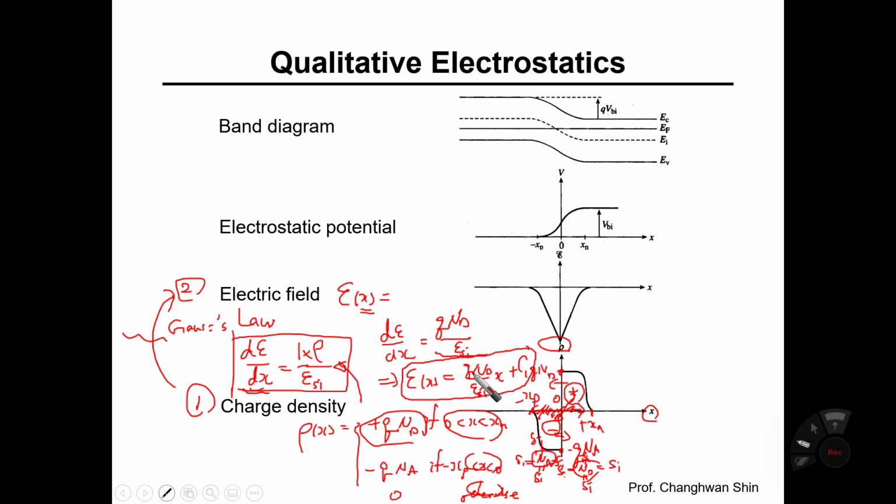So this part is a straight line, first order analytic equation. Now we should find the value of the constant C1.